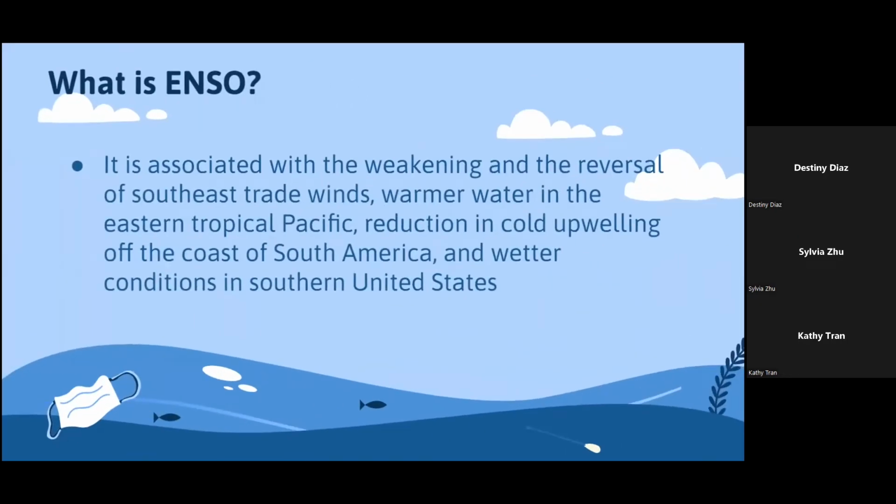El Nino is associated with the weakening and the reversal of southeast trade winds, warmer water in the eastern tropical Pacific, reduction in cold upwelling off the coast of South America, and weather conditions in southern United States.